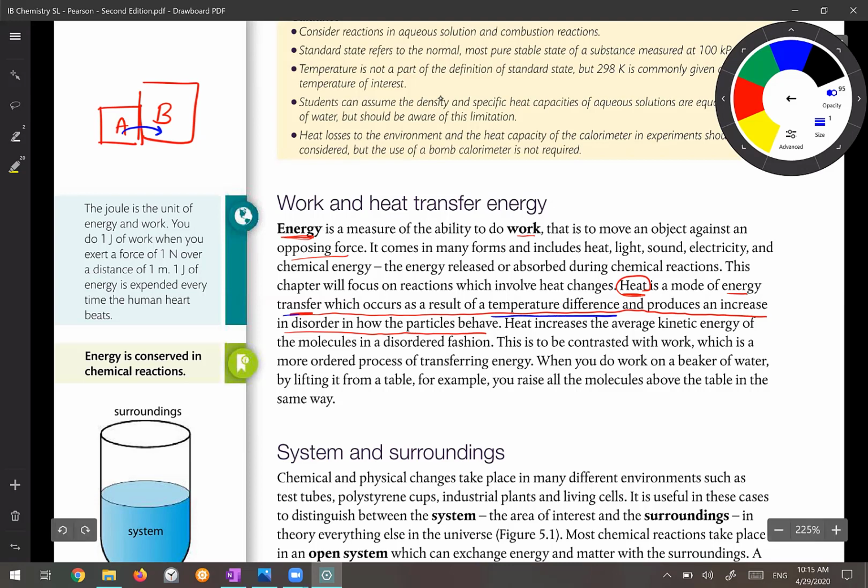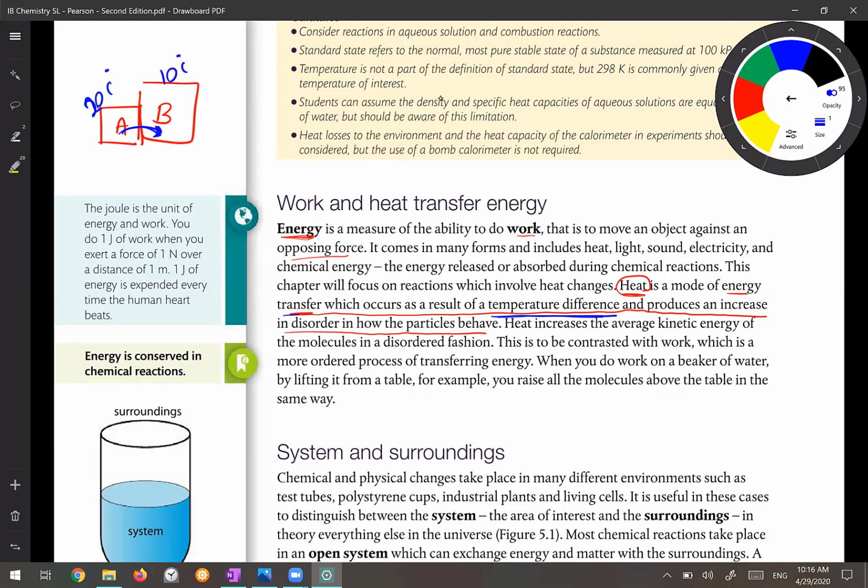For example, let's say A is 20 degrees and B is 10 degrees. How does the energy transfer? Energy always transfers from the hotter object to the colder object. So the heat is a mode of energy transfer which occurs as a result of the temperature difference.